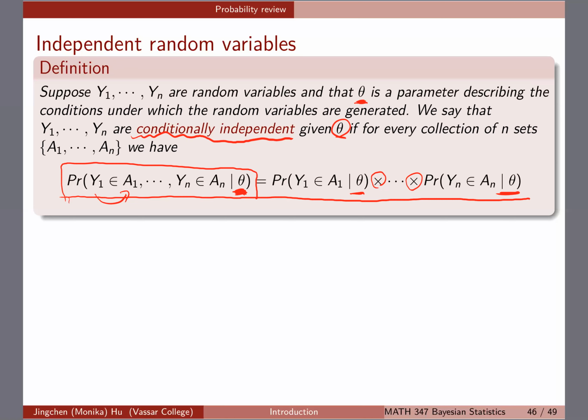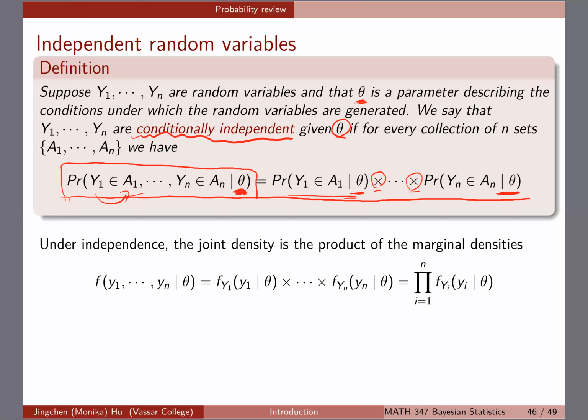On the right-hand side, each term is a marginal. So when they're conditionally independent, the joint becomes the product of the marginals. Okay? That's what conditionally independent means in this case. And y1 to yn are random variables, and theta is the parameter or set of parameters.